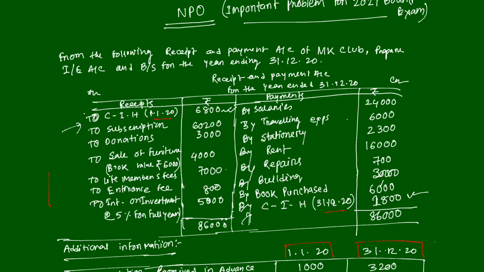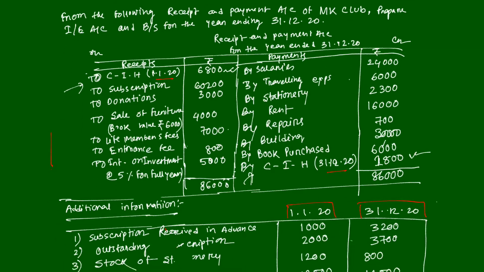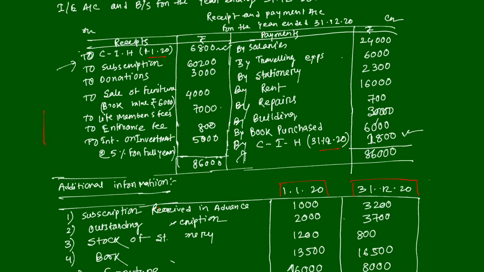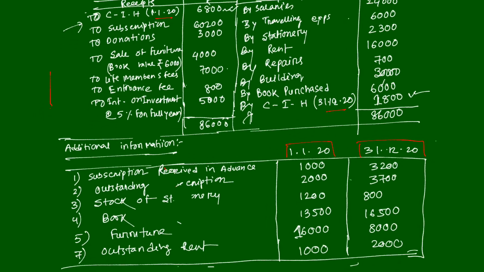Then subscription is there, donation, sale of furniture, life membership fees, interest on investment, salary, traveling expenses, stationery, and rent. Now in the additional information, it is written: rent received in advance 1000 and 3200, outstanding subscription 2000 and 3700.